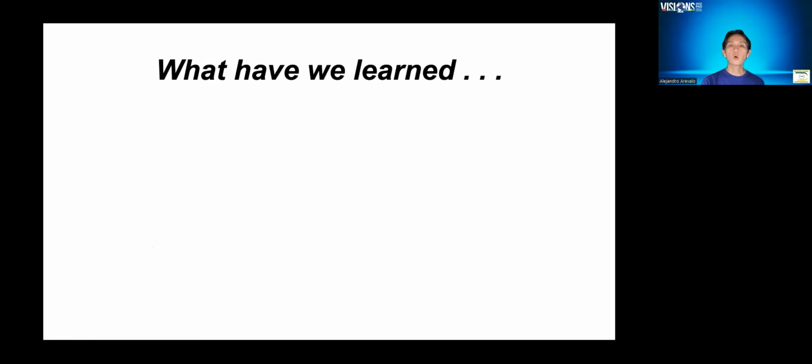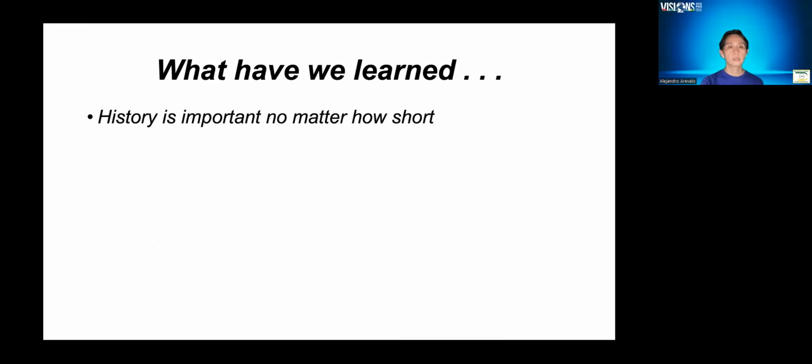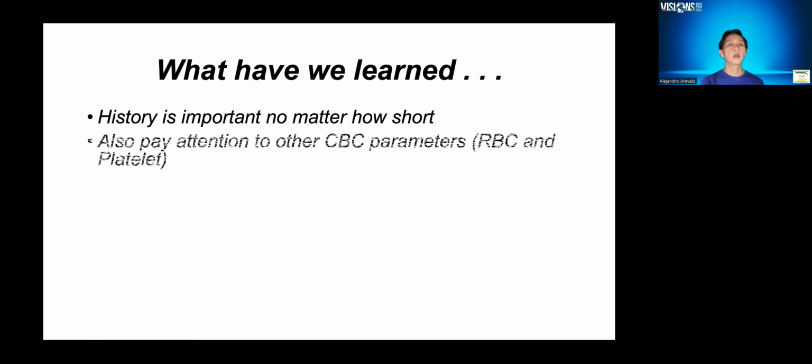Okay. So to end my discussion, what have we learned with regards to morphology assisting us in the diagnosis of leukemias in general? So history is always important, no matter how short the history is. Also pay attention to other CBC parameters like RBC and the platelet.